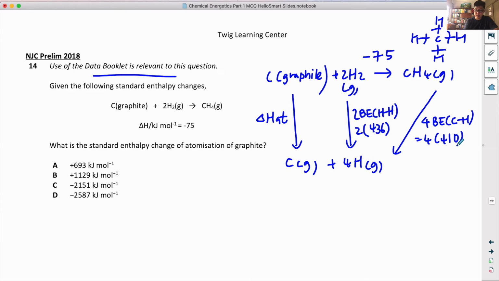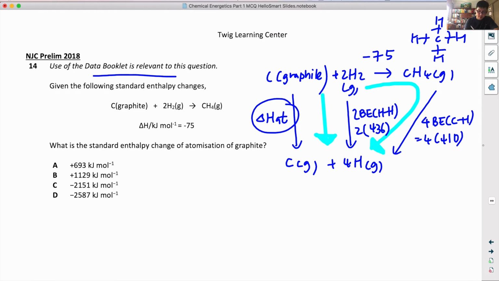So we are more or less done. All we need to do is find atomization. I'm just going to apply Hess's law. This is my anti-clockwise and this is my clockwise. So just putting in all the numbers.